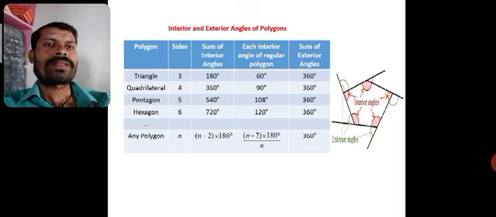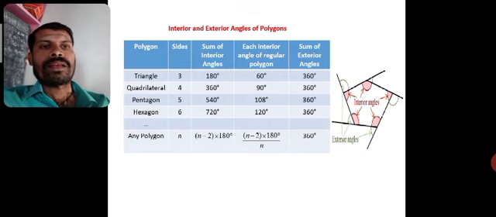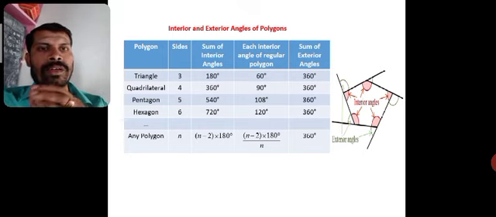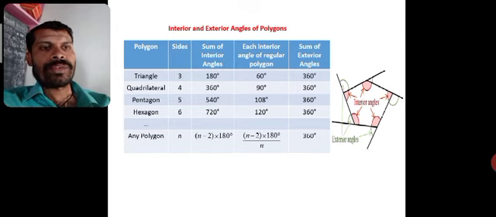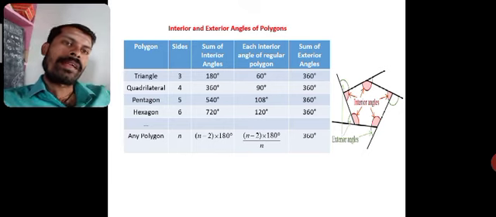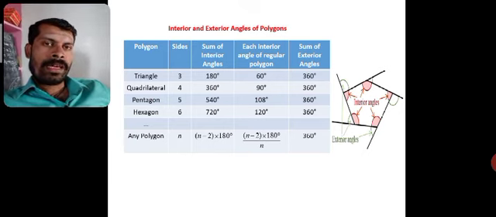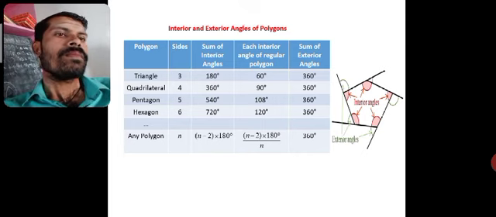You have to remember these two formulas: the sum of the interior angles of a polygon is given by n minus 2 into 180 degrees, and each interior angle of a regular polygon is given by n minus 2 into 180 degrees by n. Those two are the formulas to calculate the interior angles of a polygon, if the number of sides is known.